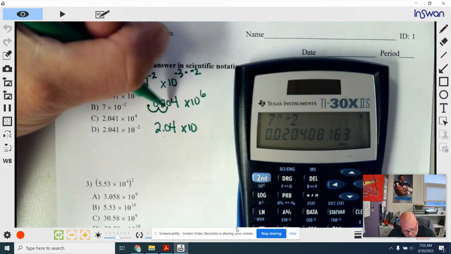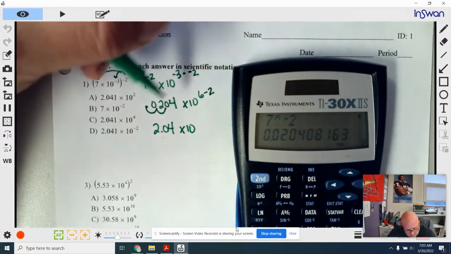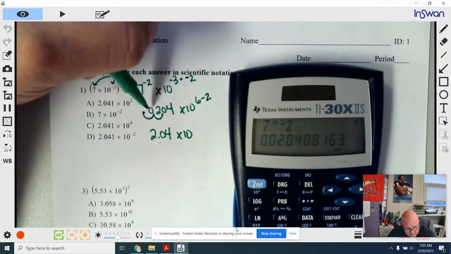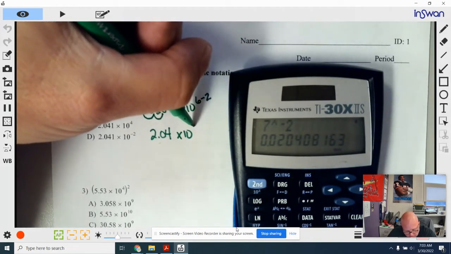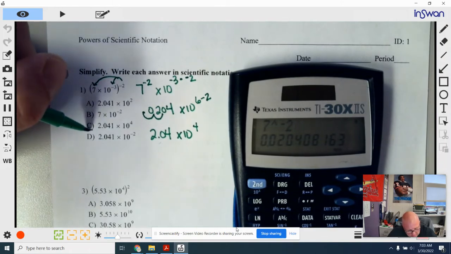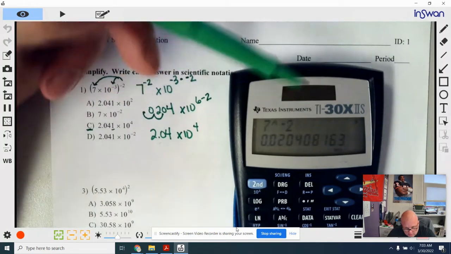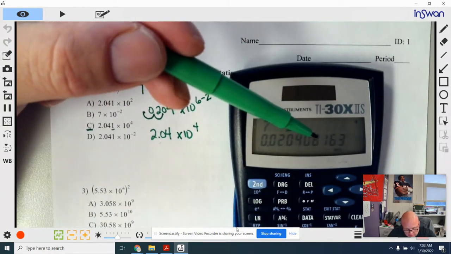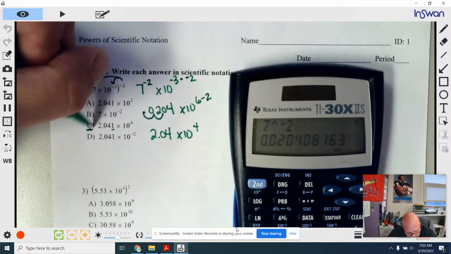However, if I move this back like that, I need to subtract 2. So if you're taking a smaller number and you're making it bigger, you have to subtract exponents. So 6 take away 2 gives you 4. If I look at my answers here, that's going to be letter C. Notice I got 2.041. That 1 comes from they rounded off, and the 8 went up to a 1. Okay, that's why it's letter C.